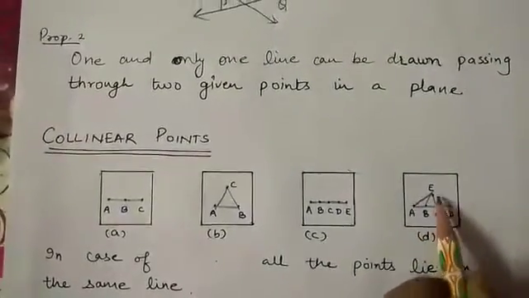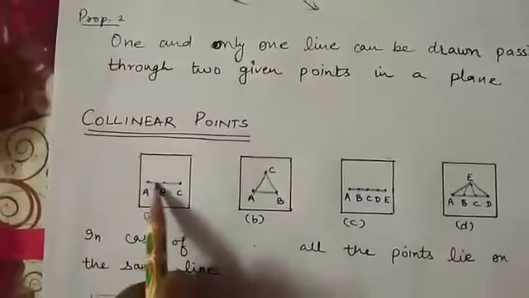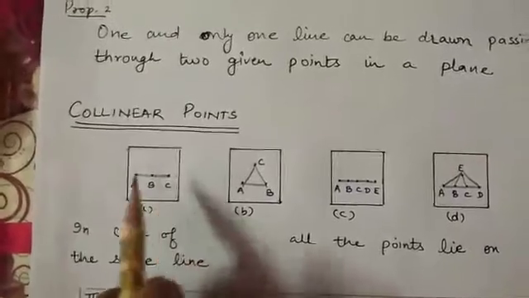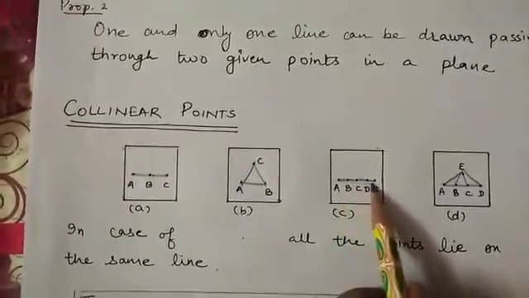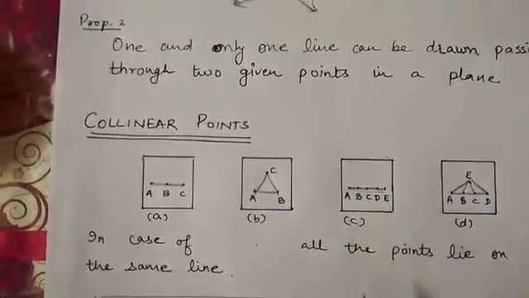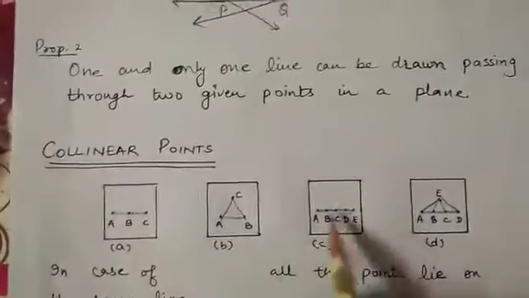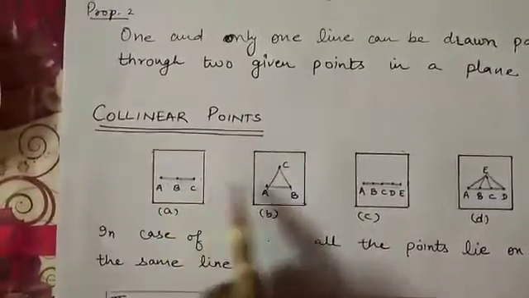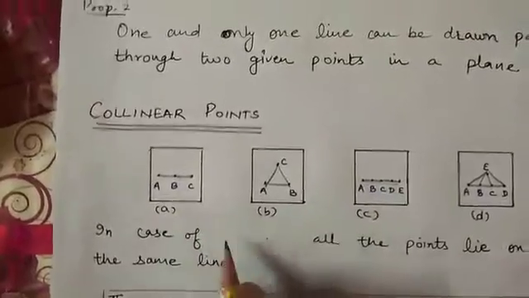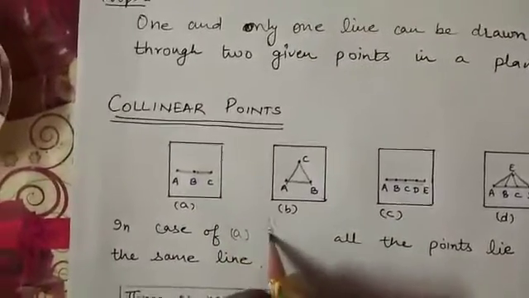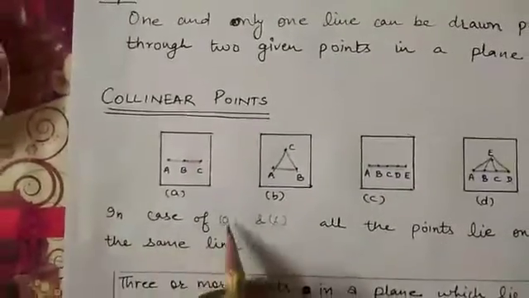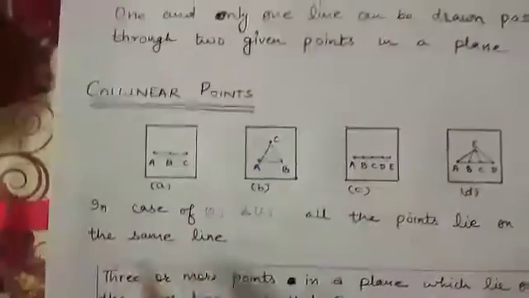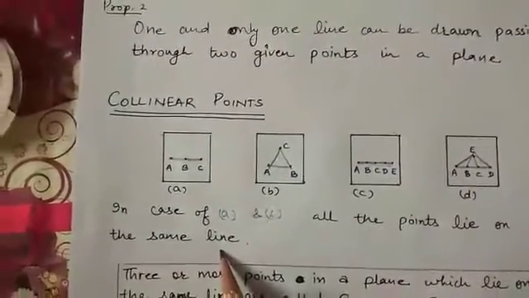In my first case, I have got only one line. In third part also, again one line. So, it means in these two cases, all the points lie on the same line. So these are parts A and C.